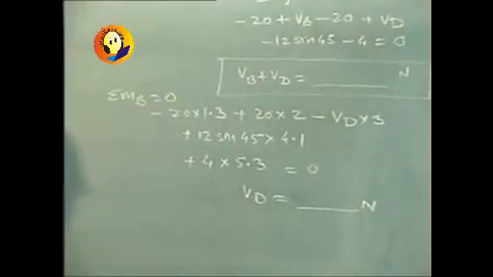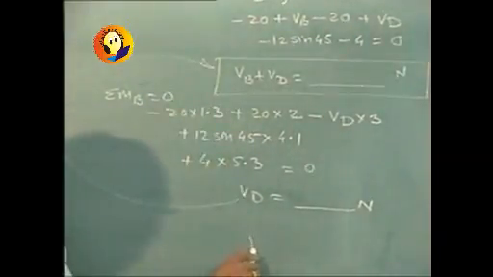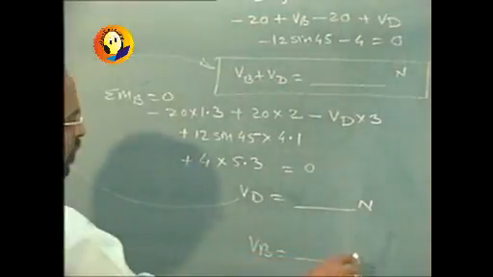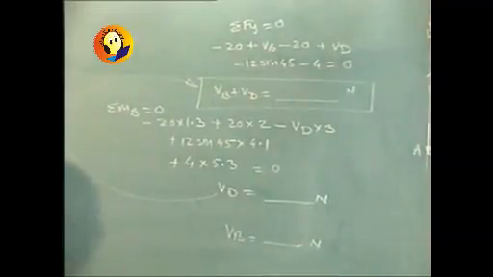It was sigma moment at B equal to 0. This VD can be substituted here and you will also get the value of VB. And the problem will be complete.